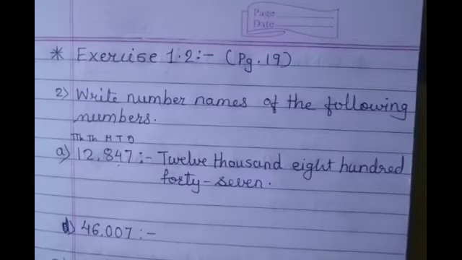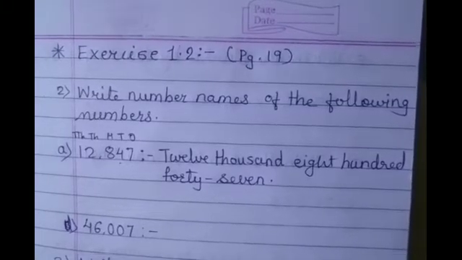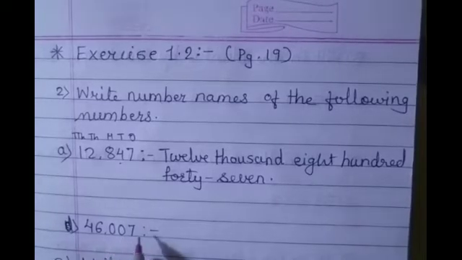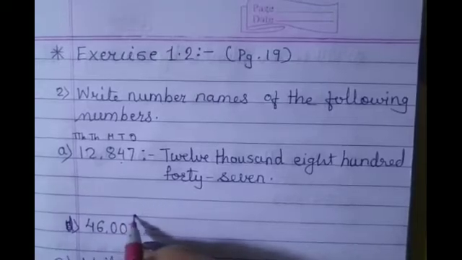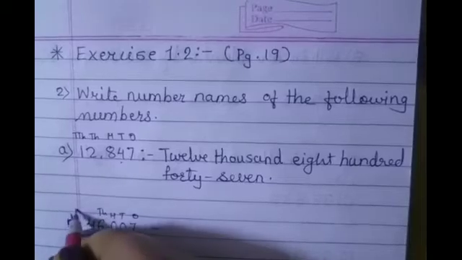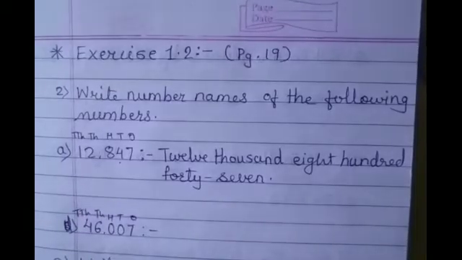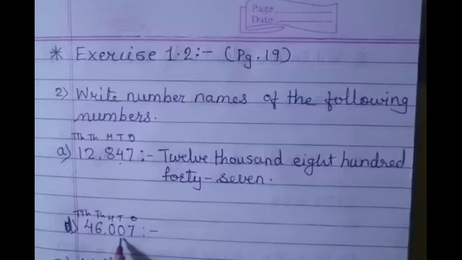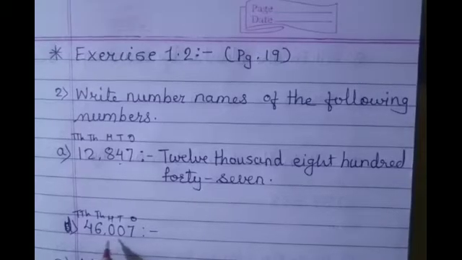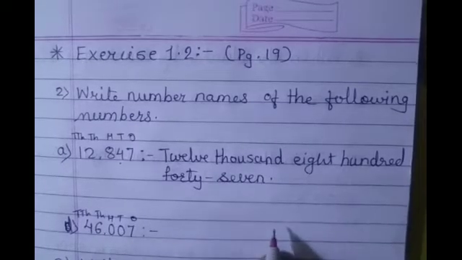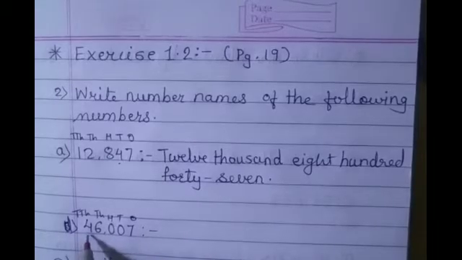Now the next question in your textbook is 46007. Now ones place, tens place, hundreds place, thousands place and ten thousands place. Now you can see here at hundreds place and tens place 0 is there, so we are not going to mention it while writing the number name. Okay, so let's club this ten thousands and thousands place.